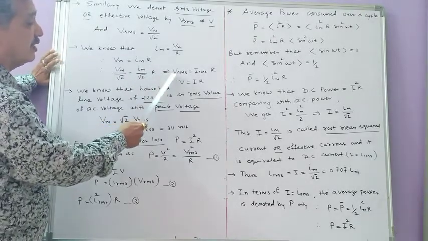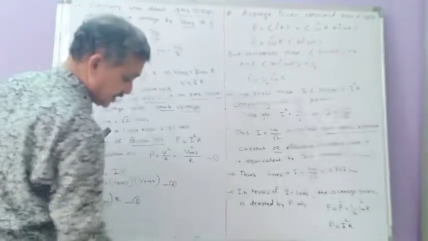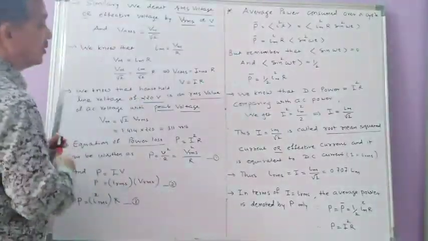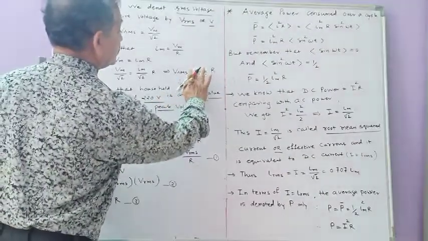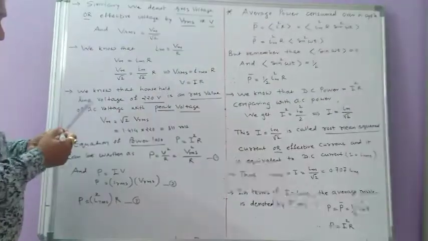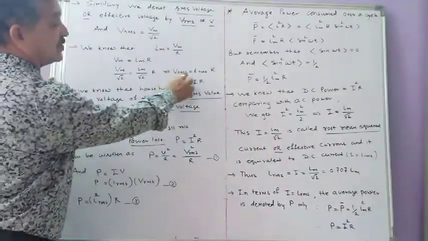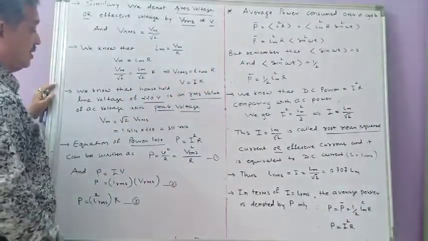So you can write VRMS equal to small IRMS, not capital I, remember, into R. We remember this is just like Ohm's law. So VRMS equal to IRMS into capital R.